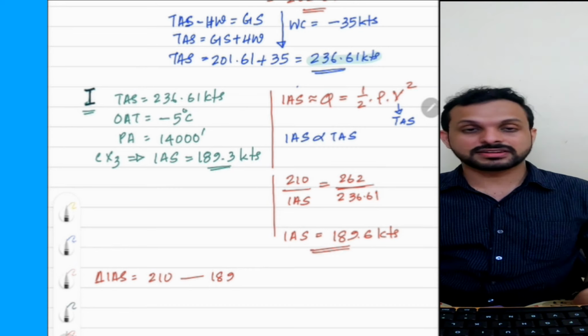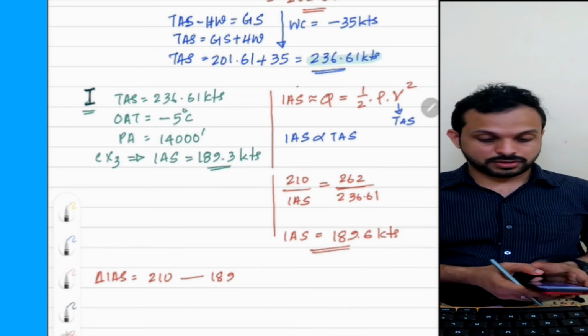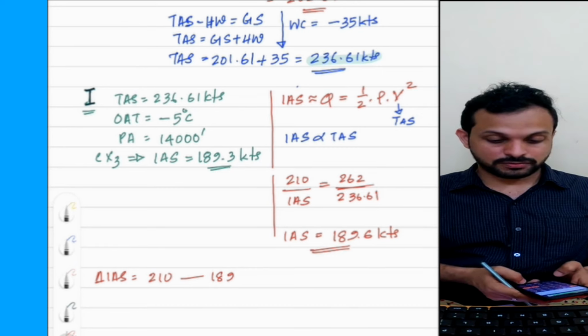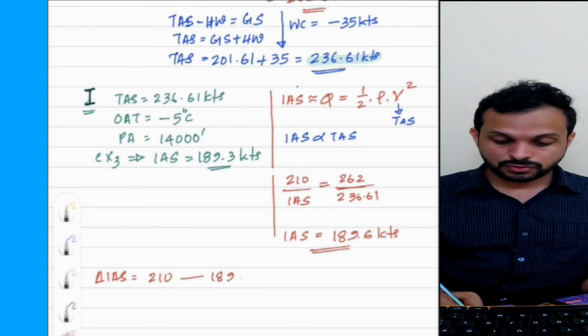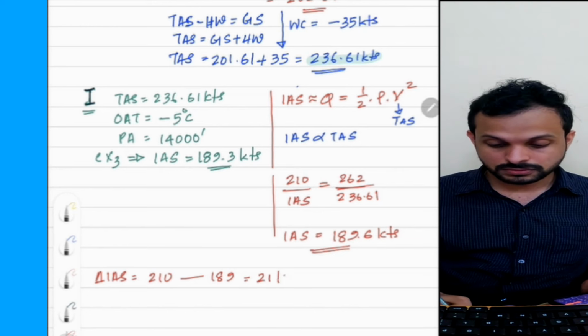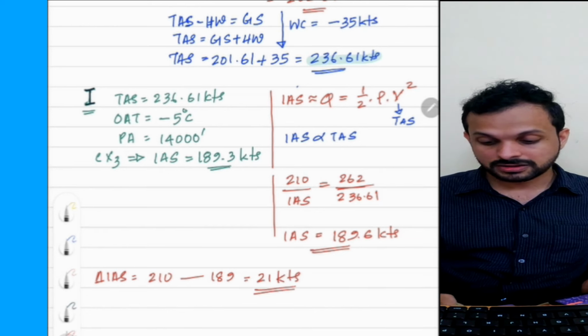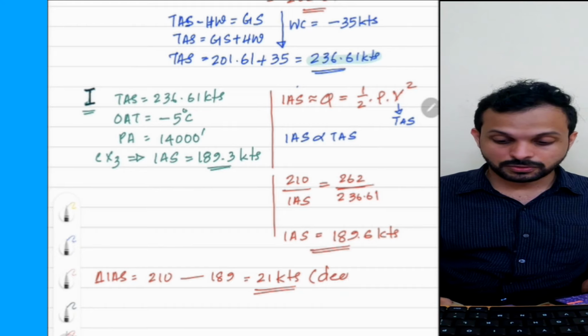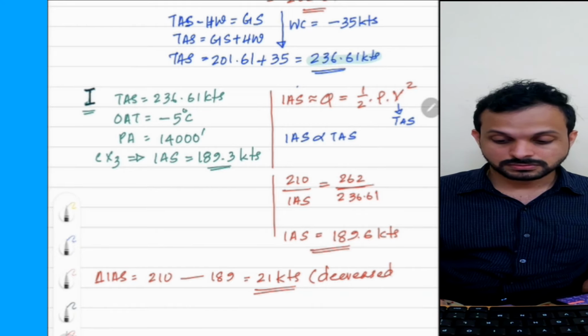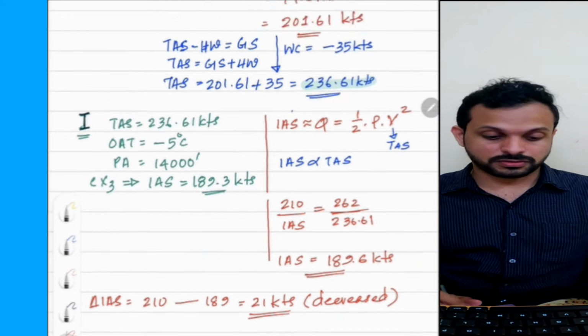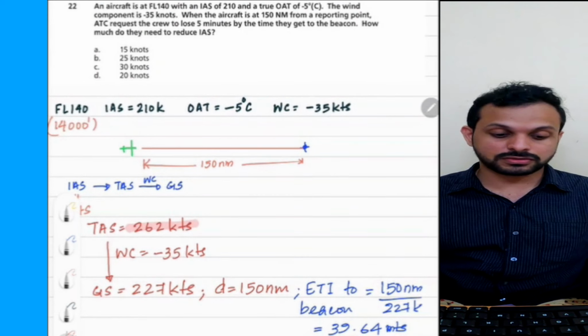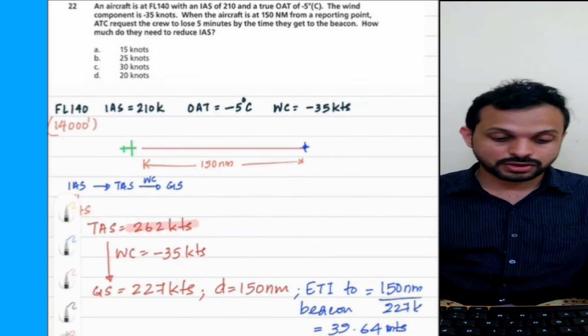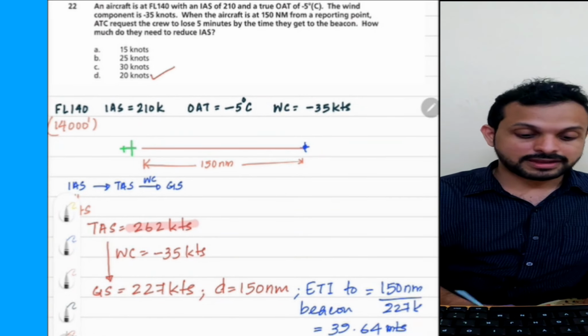I'm just taking 189 because I can see from the options that rounding off is fine. And that's going to give you 21 knots. So the indicated airspeed has to be decreased by 21 knots. Let's look at the options here. The one that is closest to 21 knots is 20 knots, and therefore that is the answer.